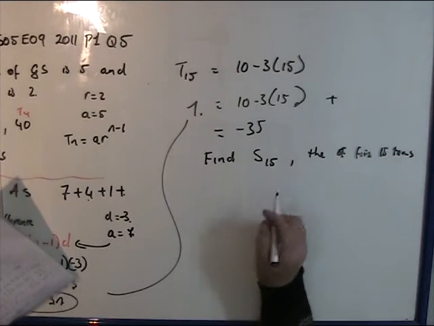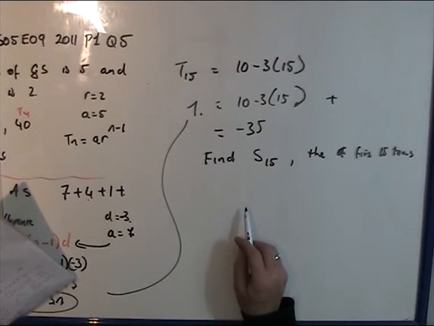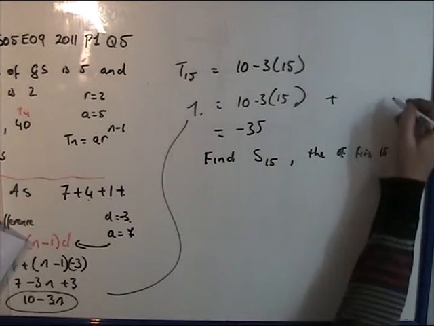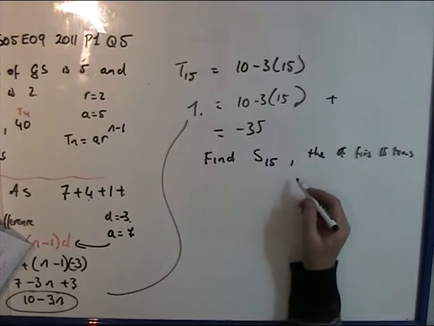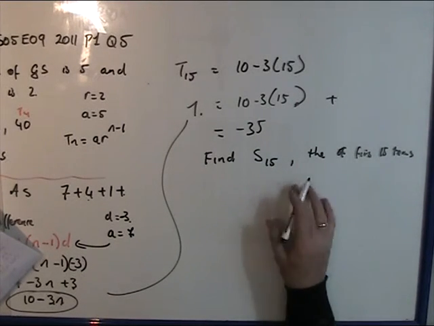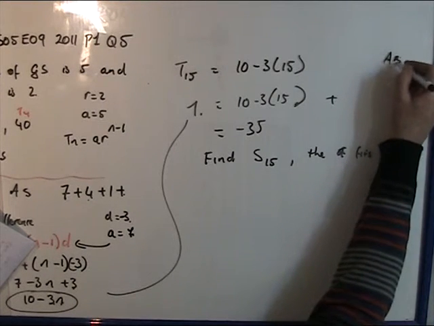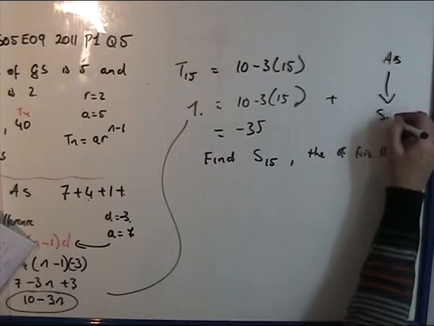So I am now going to use my original values, because they're turning this into the sum of these terms. You have to get used to that. You're moving from an arithmetic series to finding the sum of the arithmetic series.